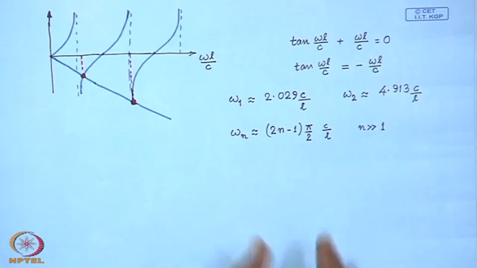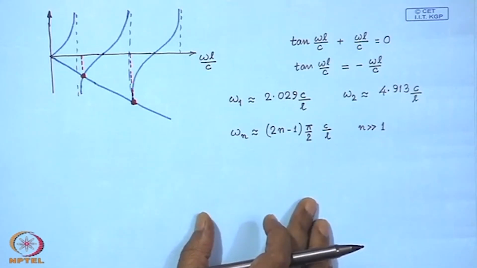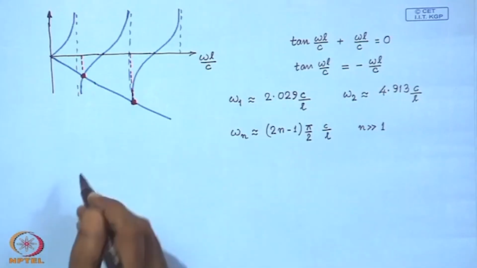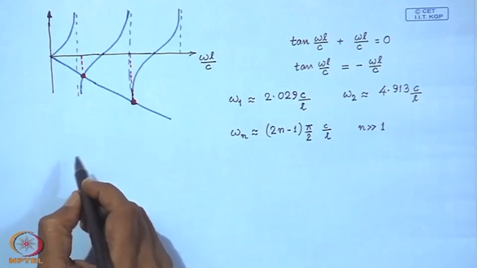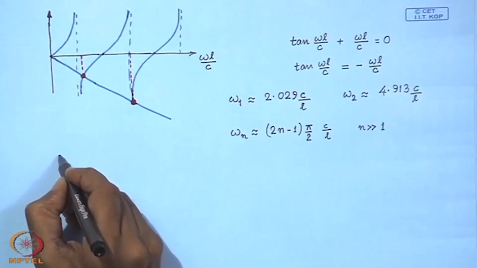So, once we have these eigenvalues or the circular natural frequencies of the system, we can find out the corresponding eigenfunctions which describe the modes of vibration of the system.